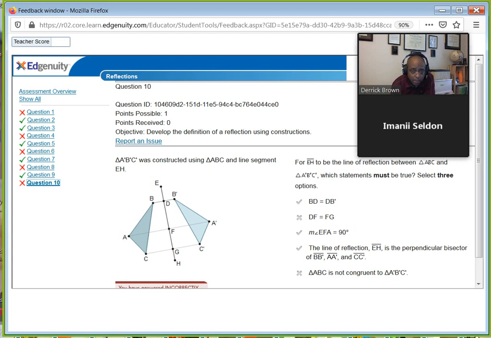Wait, if the ones that I picked right now are right, why is it wrong? Now, the way this reads is it's saying this one's right, this one's right, this one's right, and you may have chosen this one and this one, but neither of those are right.